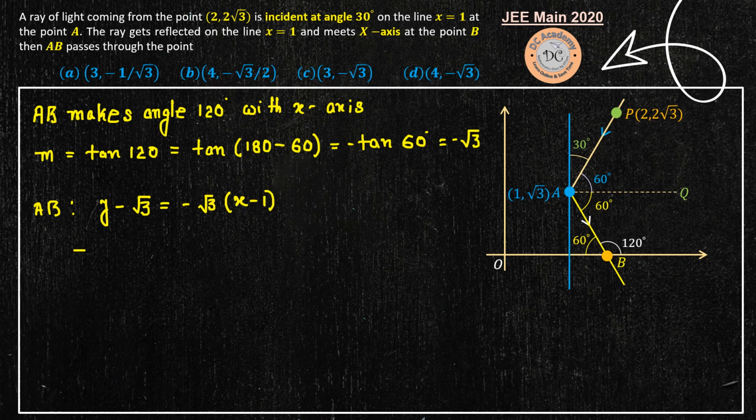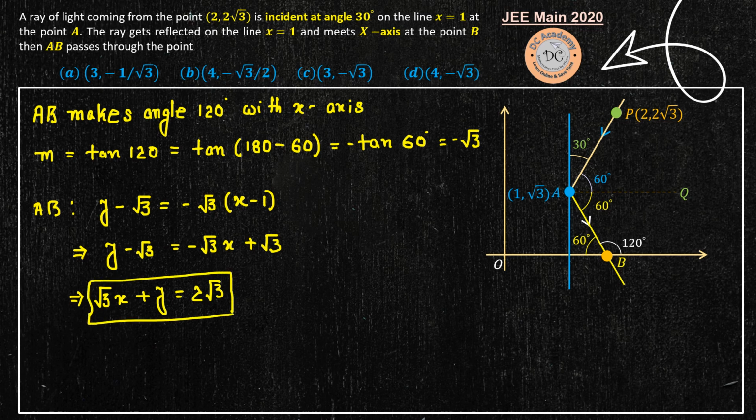If I simplify it, y minus root 3 is equal to minus root 3 x plus root 3, which implies that the equation of the straight line is root 3 x plus y is equal to 2 root 3. So that's the equation of the line AB.